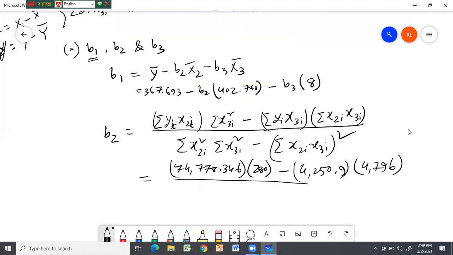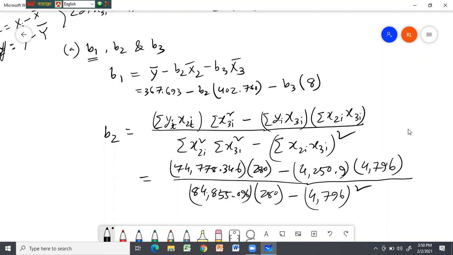This is your numerator portion's value, and your denominator portion is sum of x2i square, which is given 84,855.096, and sum of x3i square is given 280 minus sum of x2i into x3i, that is 4,796 whole square. Now calculate the value of B2 from here.